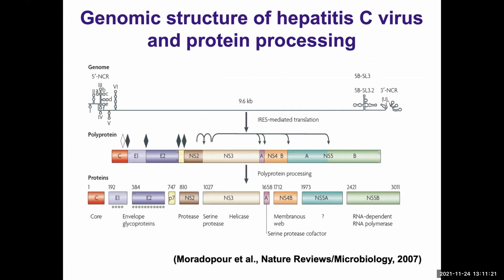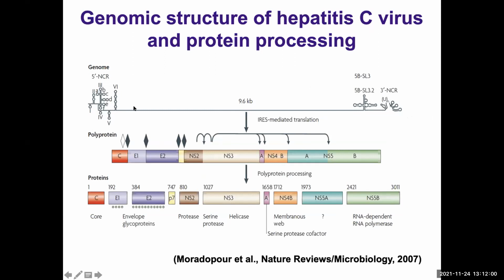HCV is a positive-stranded RNA virus, and it has very characteristic 5' and 3' ends. The 5' end functions as an IRES, internal ribosome entry site, and the 3' end has a very interesting structure which is very important for HCV replication.